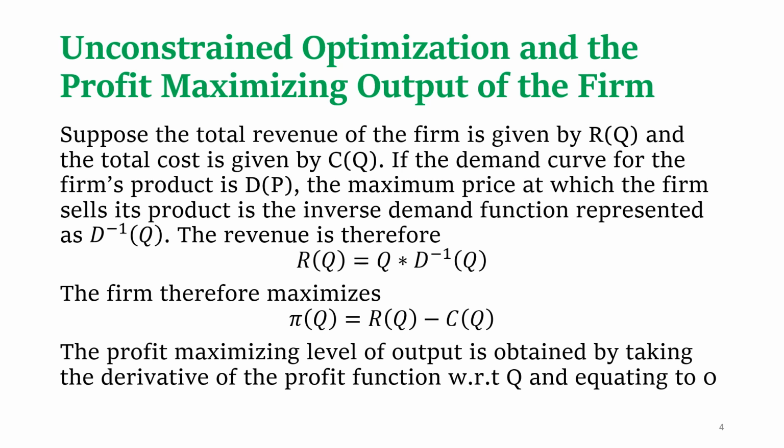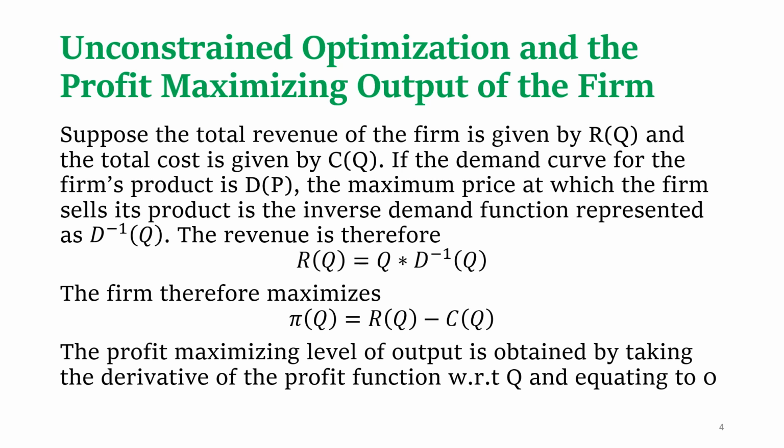And how do we obtain that maximum price? We can only obtain that maximum price if we transform the direct demand function to an indirect function, an inverse function. The inverse function here expresses the price as a function of the quantity.